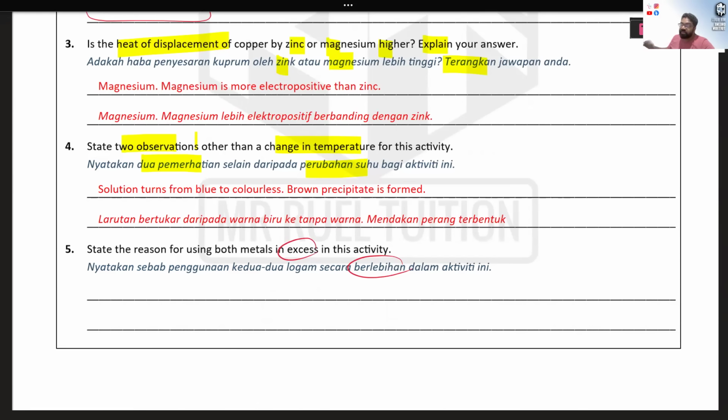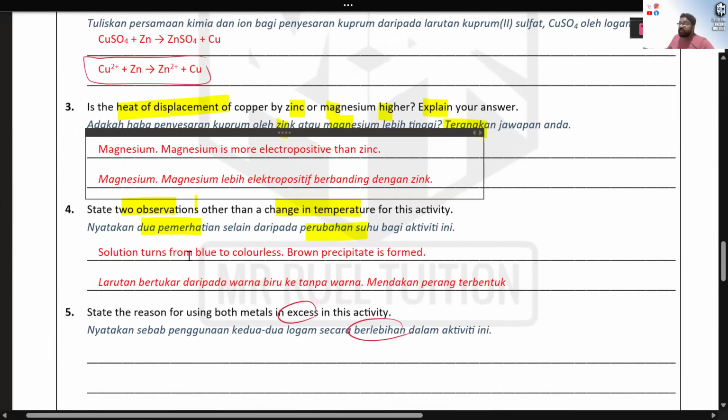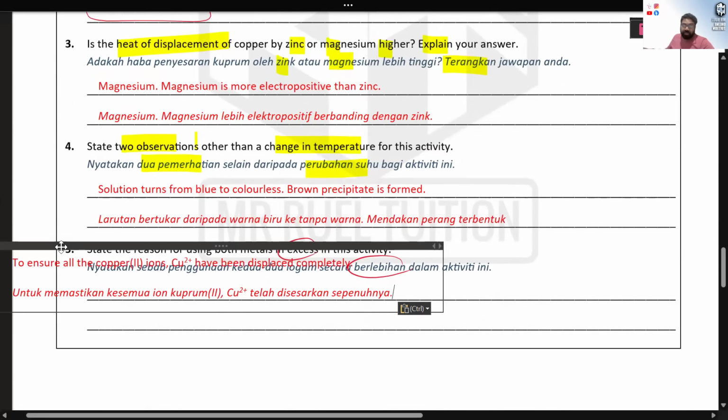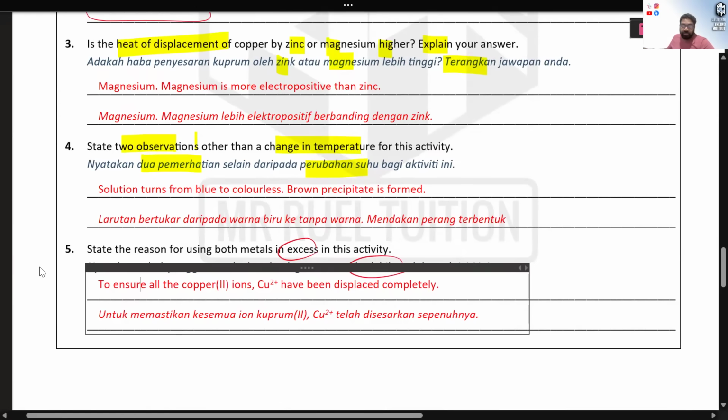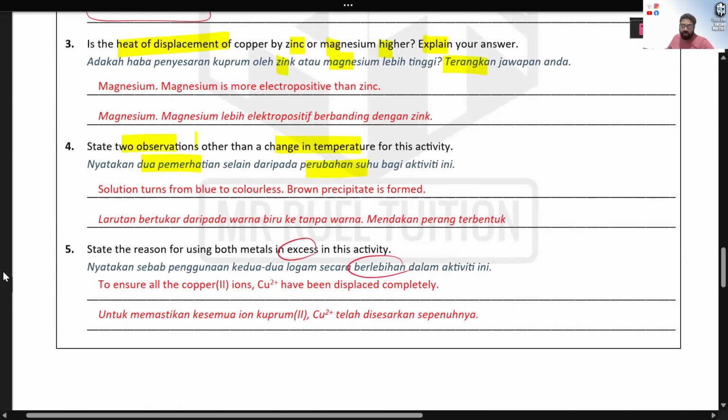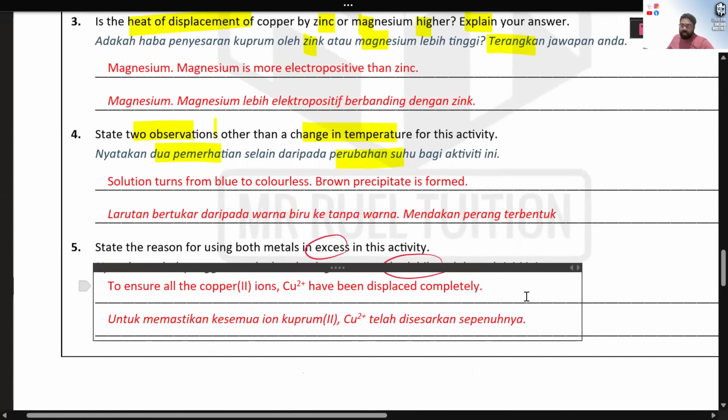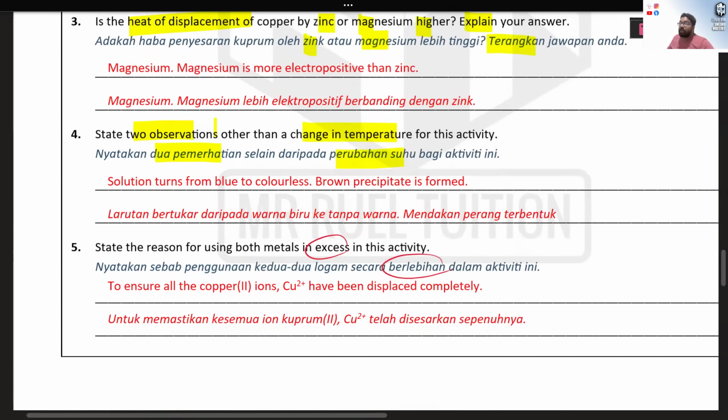That's why we use the metals in excess, right? So how do you write the answer here? This is my sample answer. All these are my sample answers. So my sample answer will be: to ensure that all the copper 2 ions have been displaced completely.